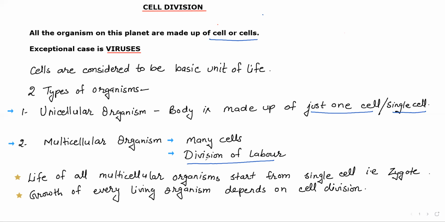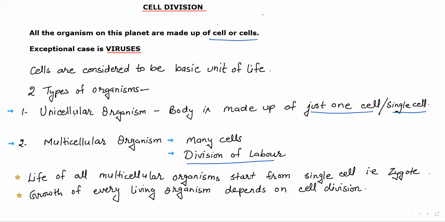That particular cell is going to die. Then what is the solution to that? To get new cells. These new cells are going to be produced by cell division.